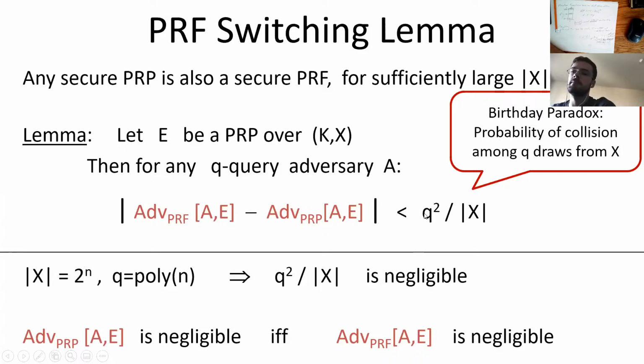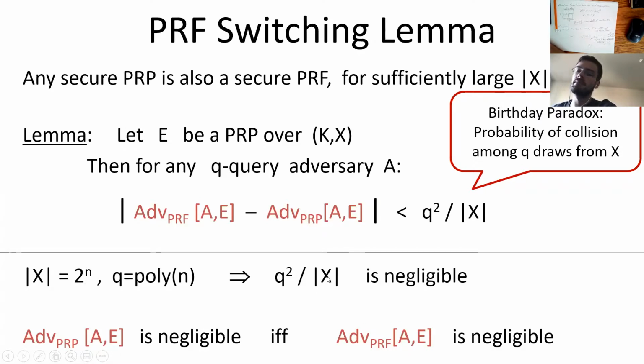Let's skip this for a second and just believe it. We'll come back. The consequence is that if Q is polynomial, then this quantity is negligible, if the domain is sufficiently large, so the domain is of exponential size in the security parameter.